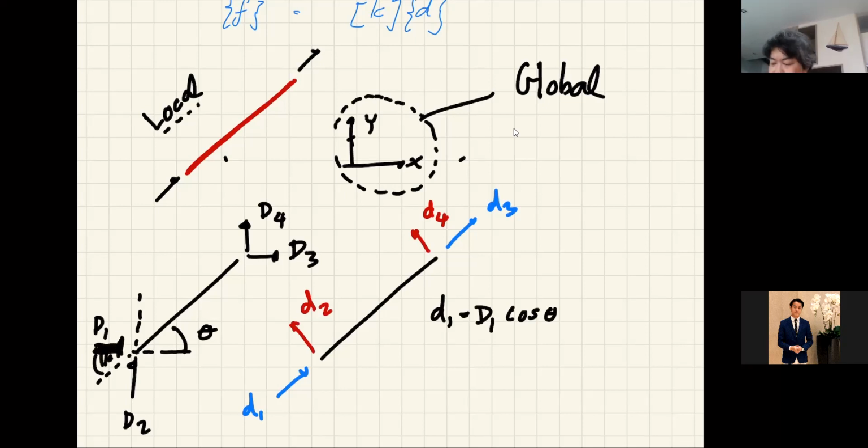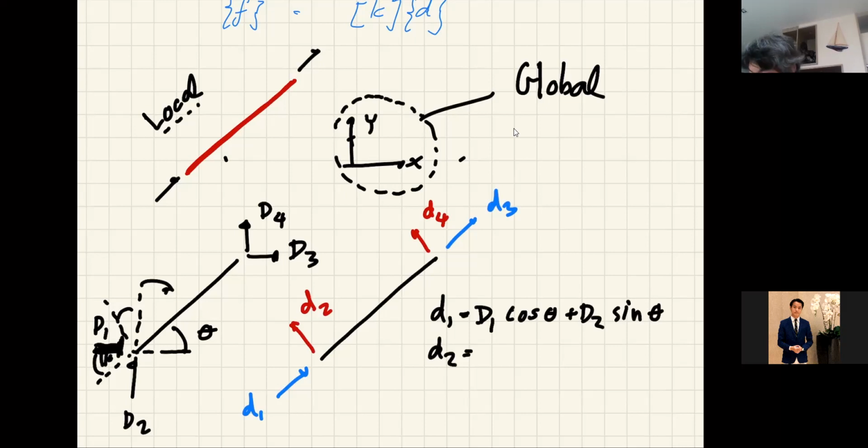Cosine this angle. Okay, and then D2 is going up here. So it's plus D2, if this is the angle, it's going in this direction, so it's sine theta. Okay, so that's D1. So we can do the same with D2.